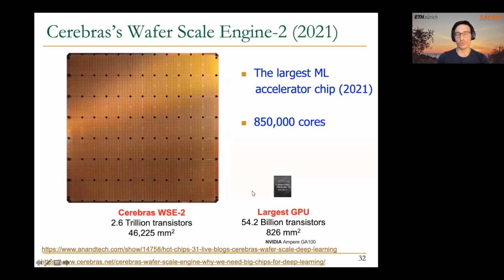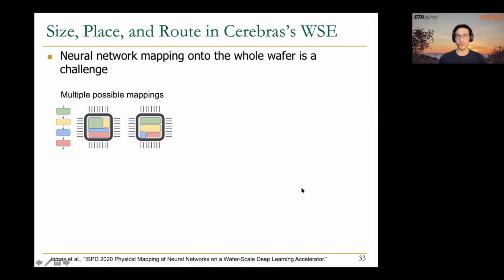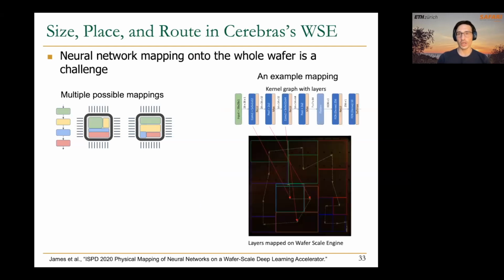In 2021, they released the second generation, the wafer scale engine 2, with essentially twice the number of transistors and cores, and again much larger than the largest GPU in 2021, the A100 architecture from NVIDIA.